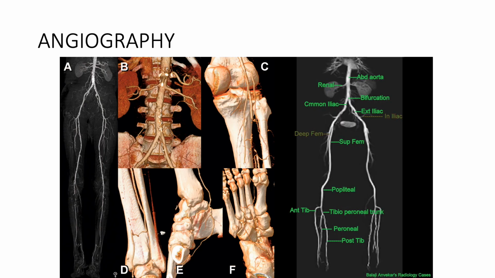Another useful radiographic procedure would be the angiography. This angiography is a procedure in which we inject a dye to the arteries or the veins. But generally, angiography means you are injecting into the arteries to study the blood vessels of a particular area.